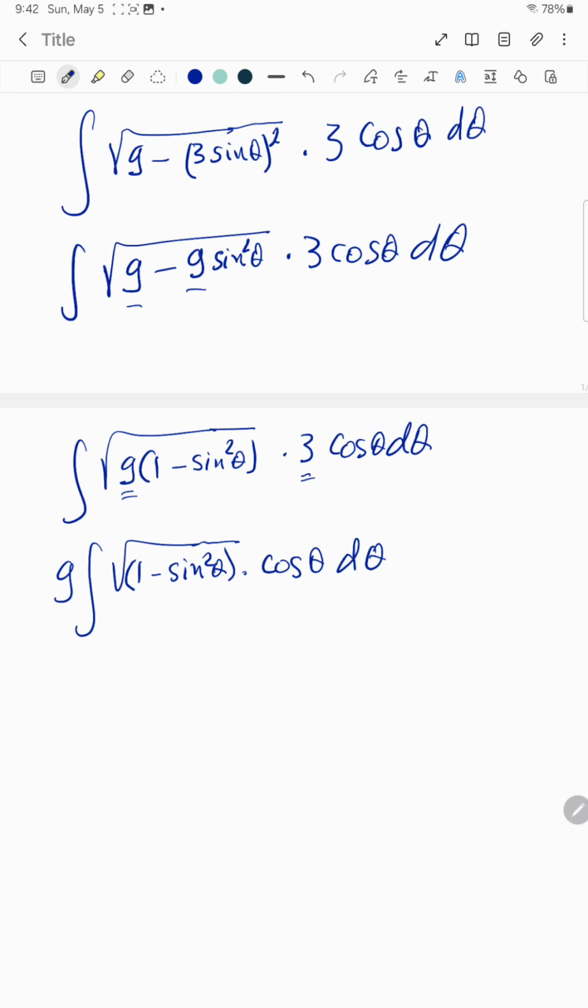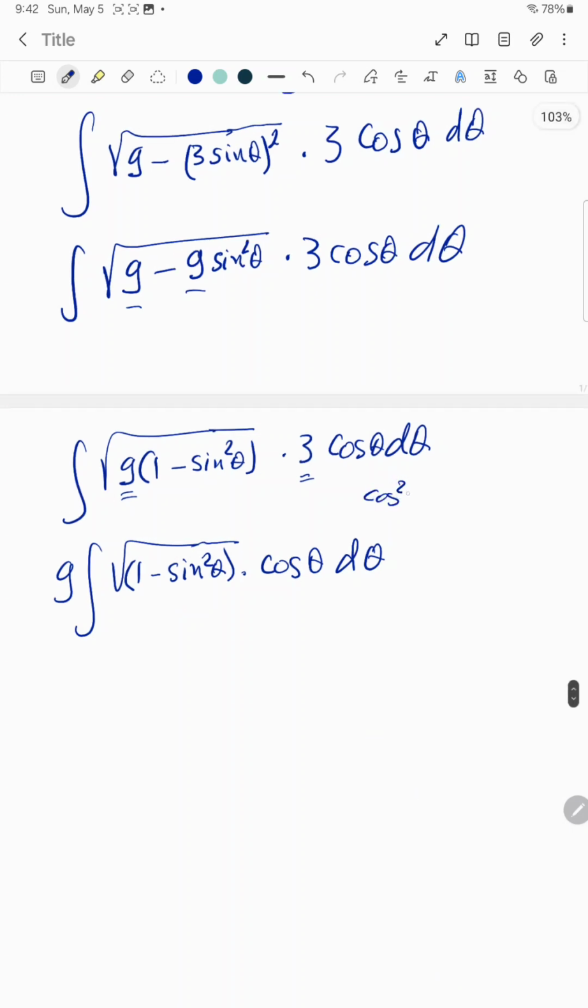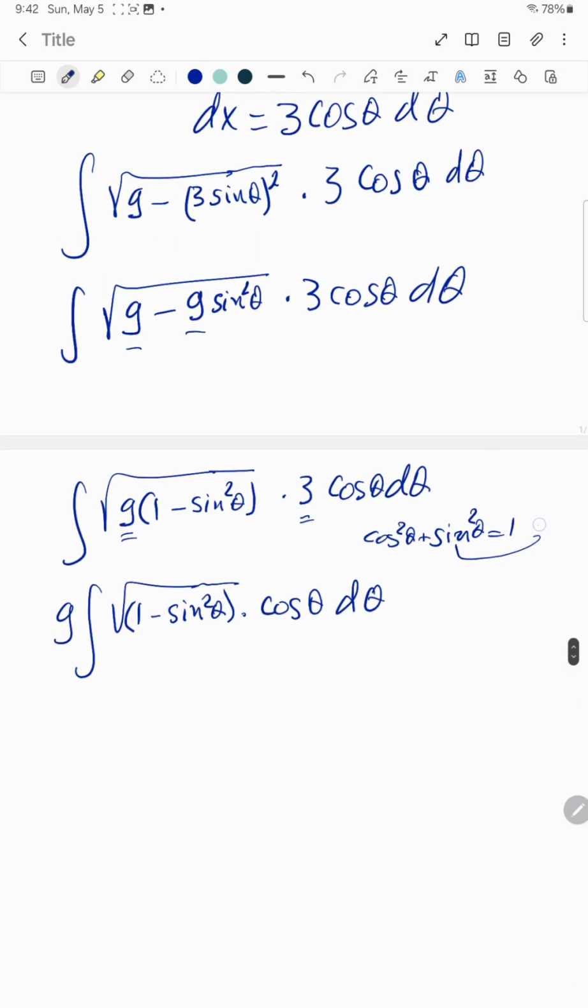Okay? So now I know 1 minus sine square of theta is equal to cosine square of theta, because I know the formula which says cosine square of theta plus sine square of theta equals 1. So 1 minus sine square is equal to cosine square.